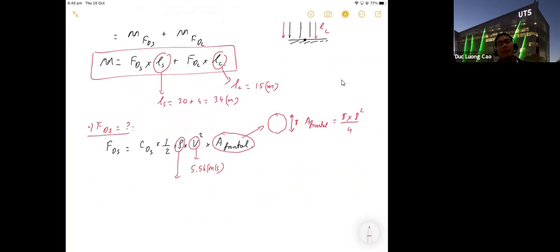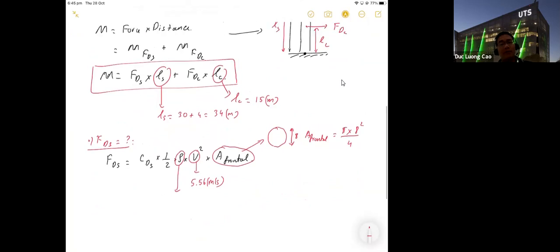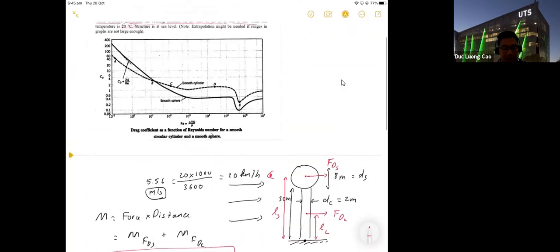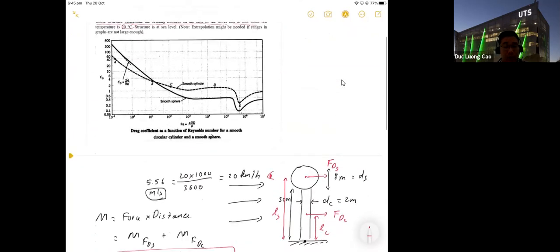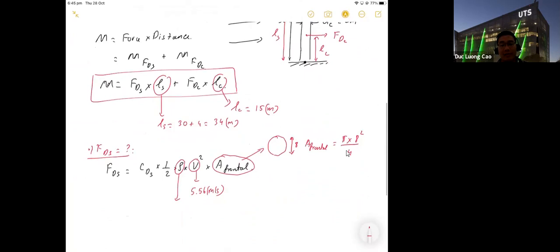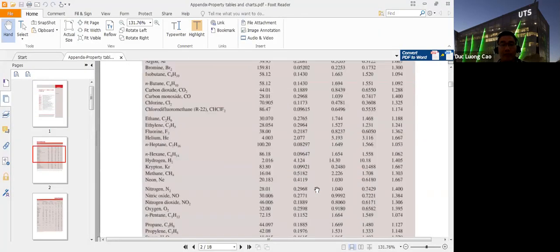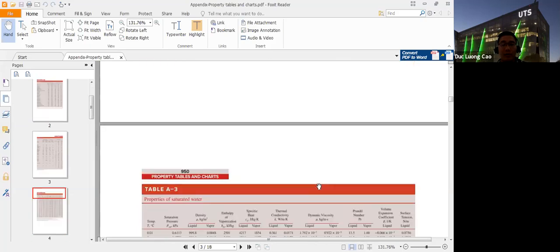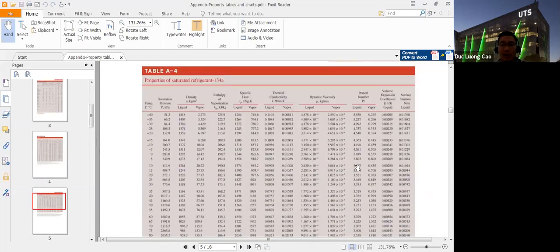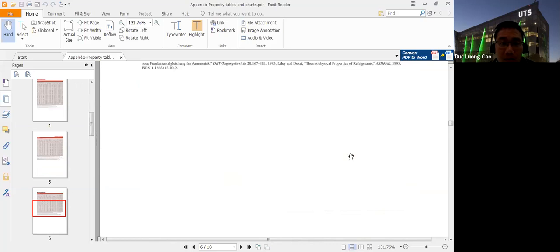And density. This one is air density. The air temperature is 20 Celsius. So we have a table: air density, standard condition, Table 8.8 or 8.9.